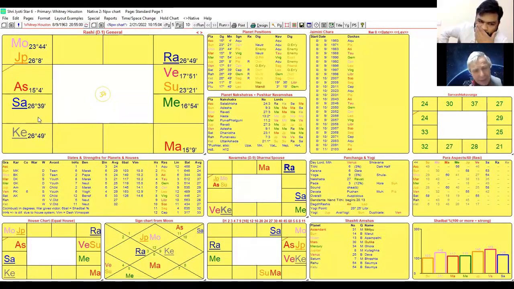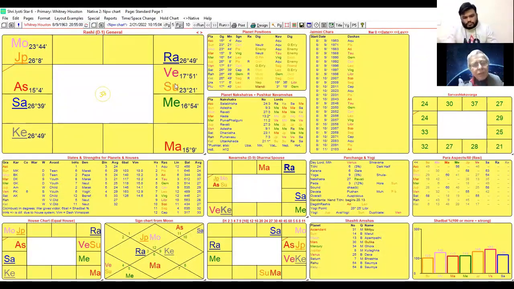And the main reason I say that is because a lot of public personalities will have strong first houses, but they'll also tend to have prominent 12th houses because they have to travel a lot. They have to sacrifice a lot. Saturn aspects the Moon, again another combination for fame. So that's one of the default positions I go to for fame.